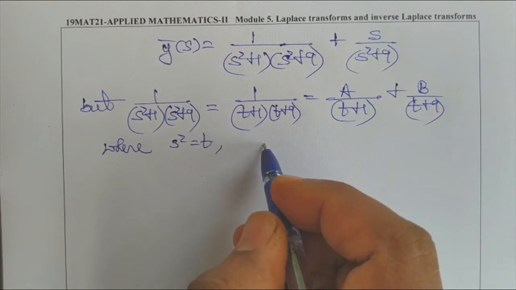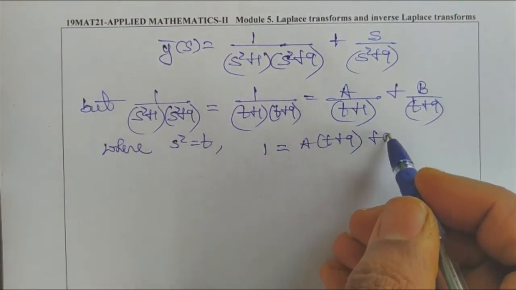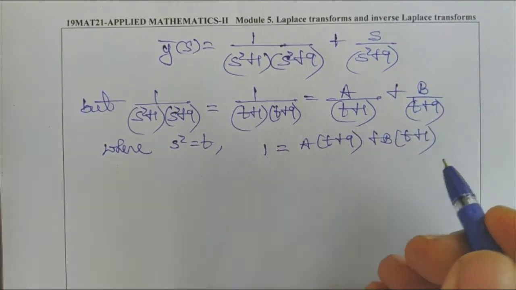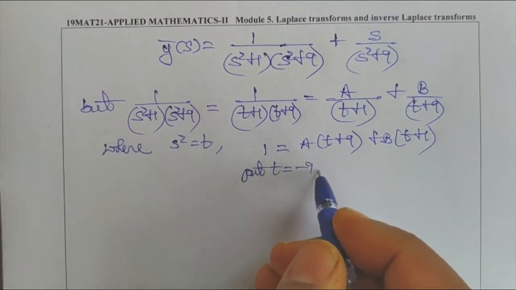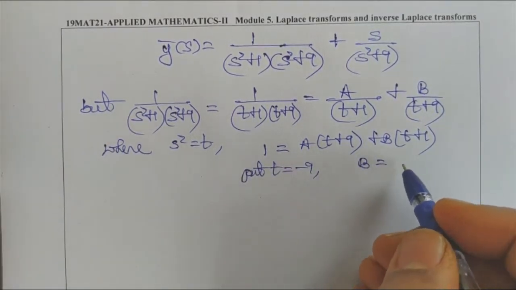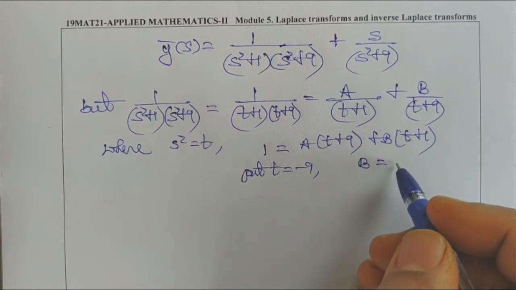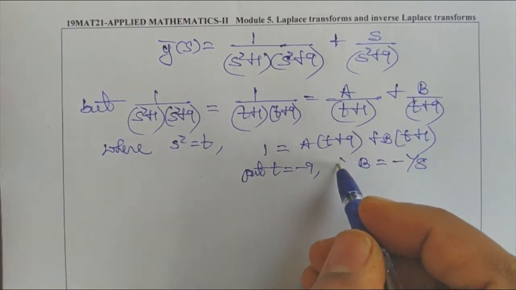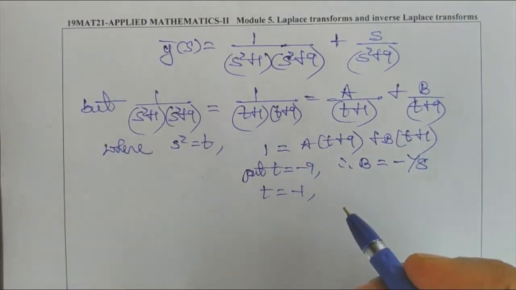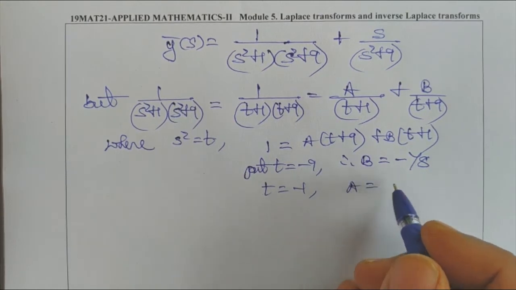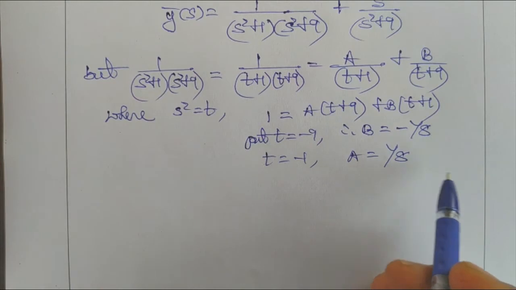Now equating this, we get a into t plus 9 plus b into t plus 1. By inspection method, putting t is equal to minus 9, we get b is equal to minus 1 by 8. Then putting t is equal to minus 1 in this one, we get a is equal to 1 by 8.